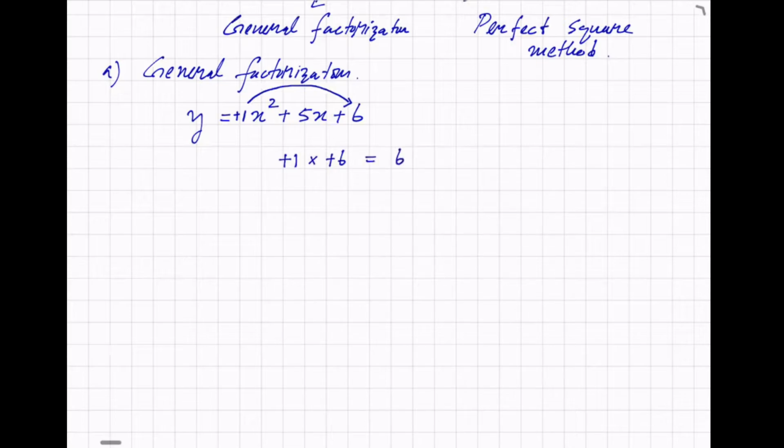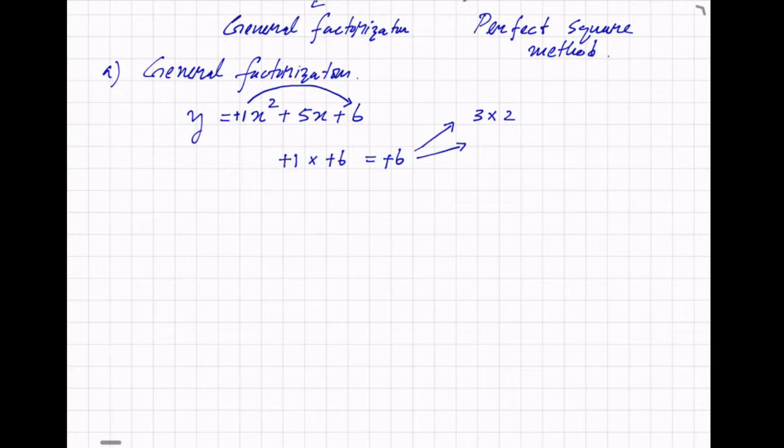Then you produce all the possible multiples of 6. So we have to write all possible multiples.